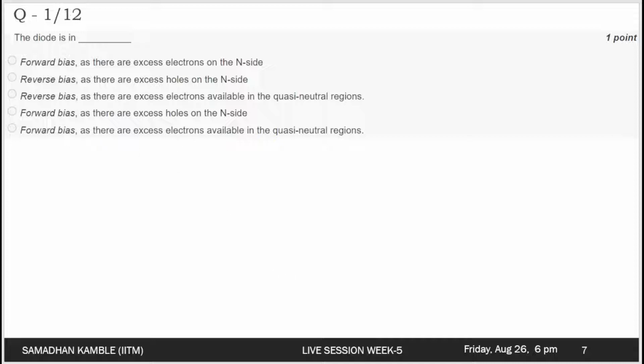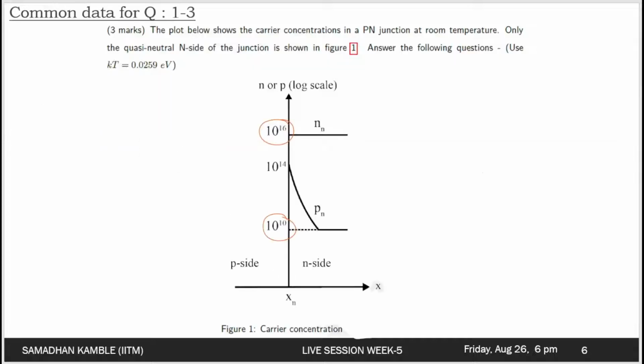So as you can see in the carrier concentration figure here, the excess minority carriers in the N side are holes.